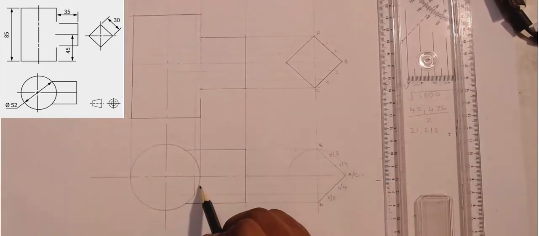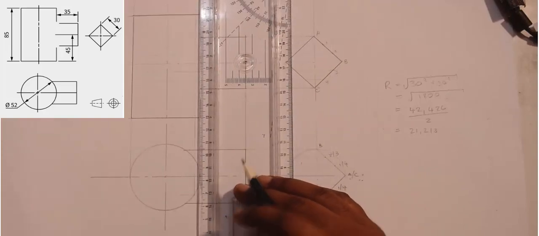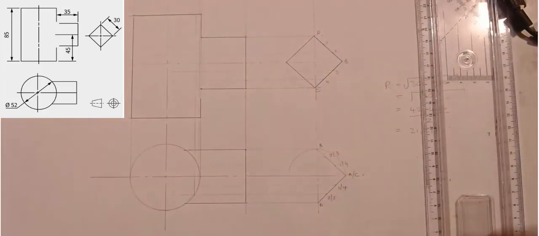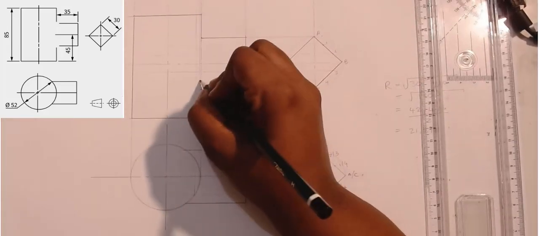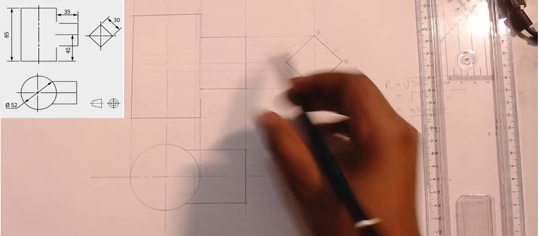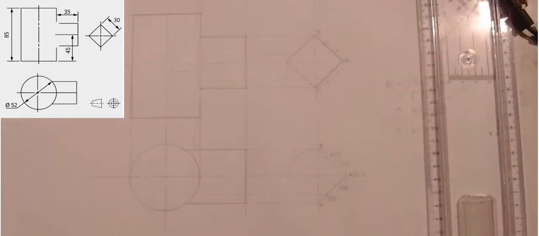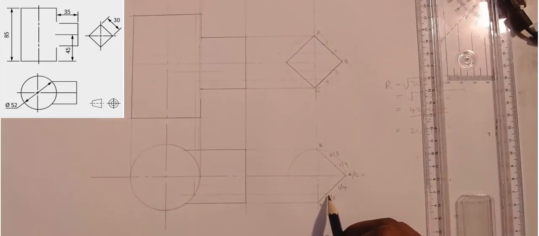So where 1 and 4 touch, which is supposed to be there. Yeah. 1 and 4. Where's my 4? My 4, it's there. Where's my 1? My 1 is there. I don't know if you can see my dots. Just put a dot.